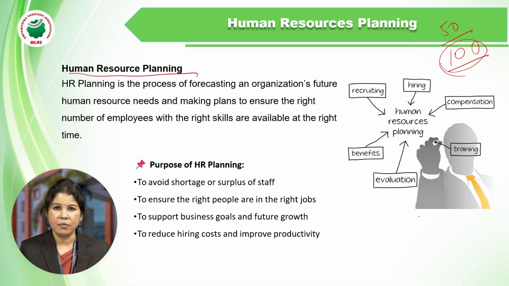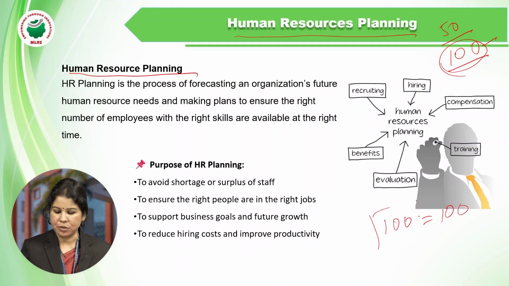That is the reason why we practice this function called HR planning, which means giving the right number and kind of people whenever the organization requires. Through this HR planning, people will try to match this demand with the supply of human resource. Our demand is 100, so the supply should also be 100. This is ensured by HR planning.